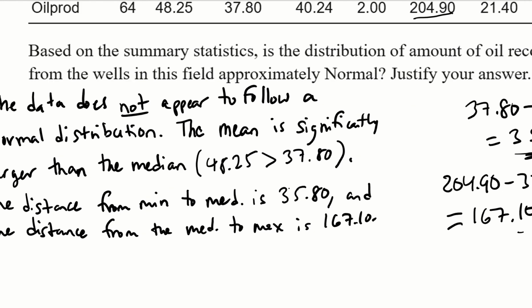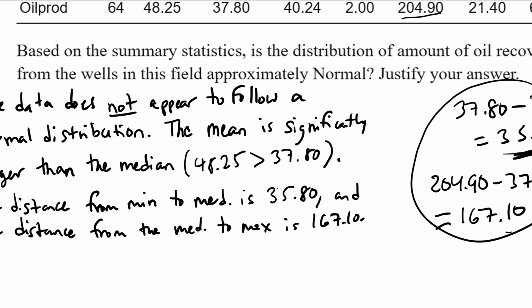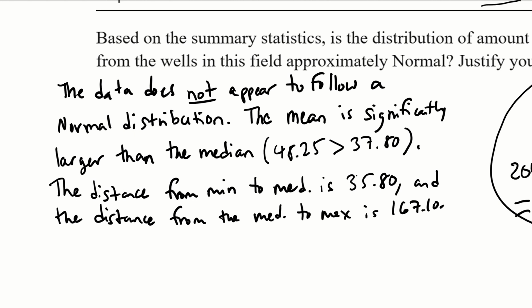Of course, we have work here to support it, so we could put that in our response, or we can leave it off to the side so that the graders can see it. But otherwise you can put it in your response. To the max is 167.10.